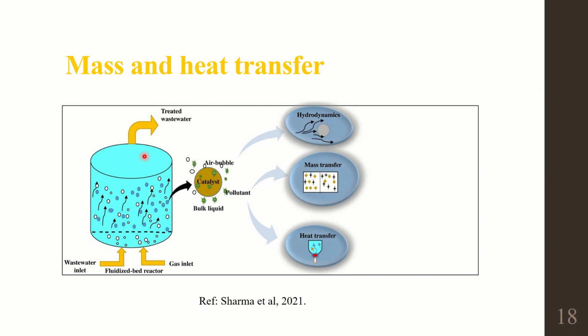Fluidized bed is again used in the production of various chemicals. So in all those chemical reactions, we need to study the mass transfer phenomena that is happening inside the bed. And what are all the aspects we are studying?